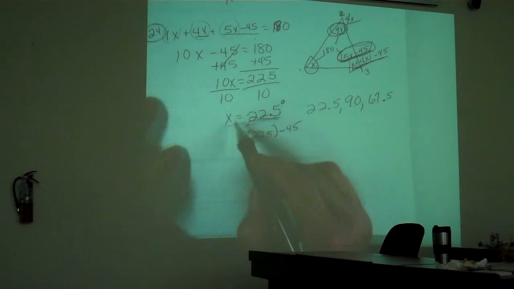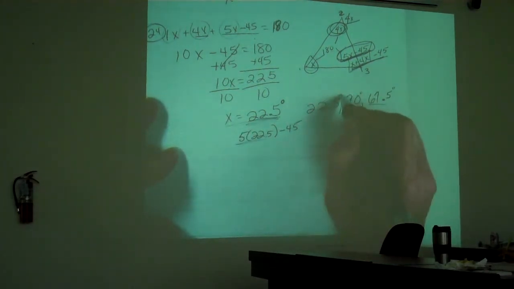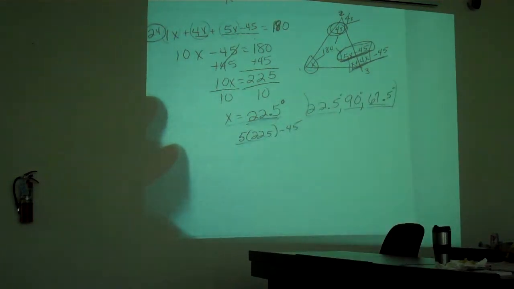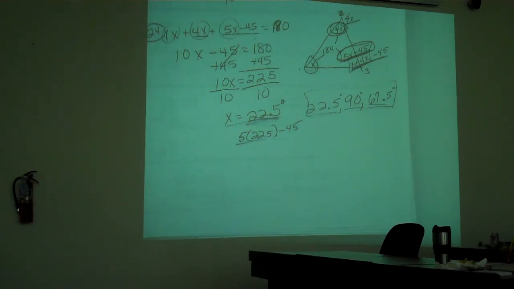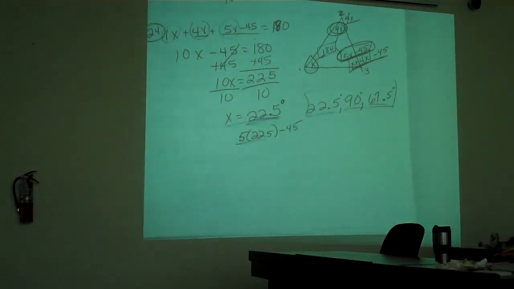So it's 67.5. Then what you need to do is add these up and make sure they do add up to 180. They do? So you know you got it right. Okay? So with triangles, always remember that 180 is what it adds up to.